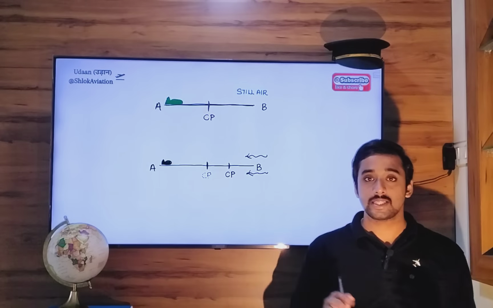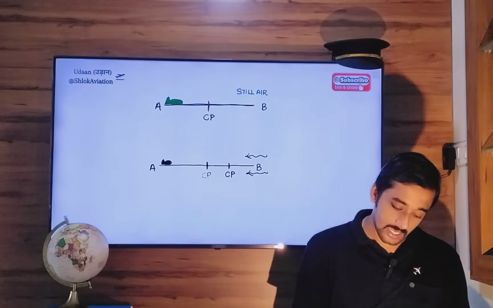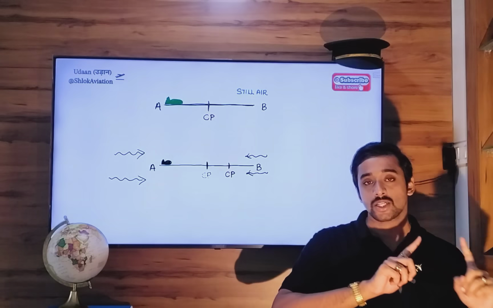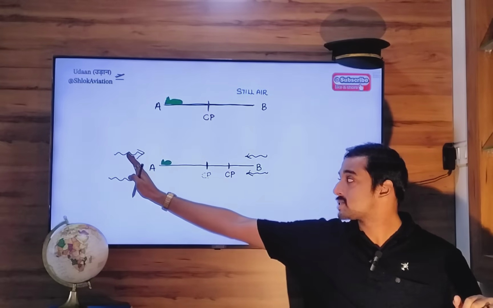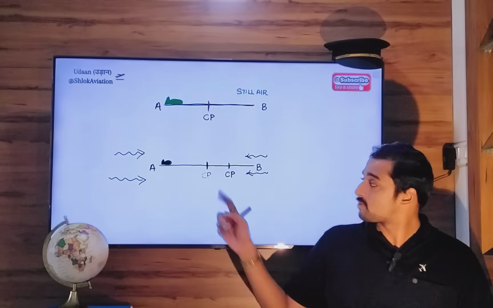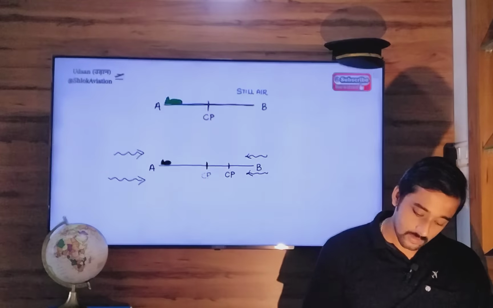Now let's say in scenario number 3, you are getting tailwinds. In tailwind conditions, your critical point will move into the direction from where the wind is coming. So if the wind is coming from the left hand side, meaning it's a tailwind condition, the critical point will move from the center position to that new position.